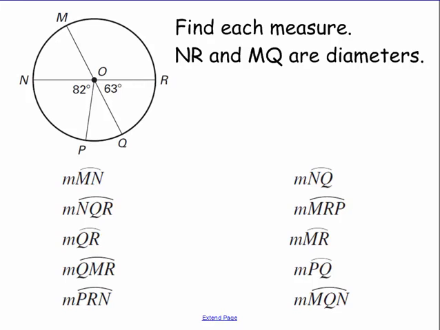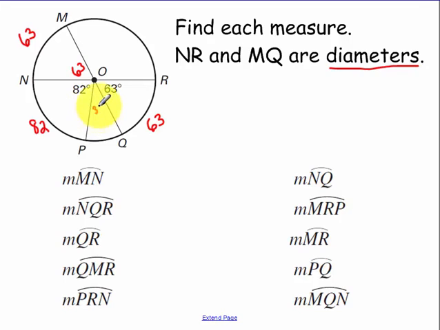Okay, finding each one of these measures. I give you one angle 63, one angle is 82, so I know this arc is 63, this arc is 82. We can assume NR is the diameter because it goes through the circle. It also tells us that they're diameters. So MN is also 63, which makes this 63. 82 plus 63 plus angle POQ adds up to 180.